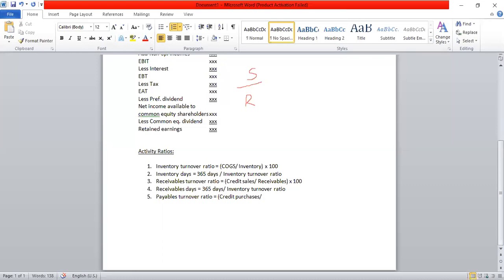On account of purchases, any amount which is due to be paid to the suppliers. So credit purchases divided by payables. Now we have payables days, which is equal to 365 days divided by the payables turnover ratio.